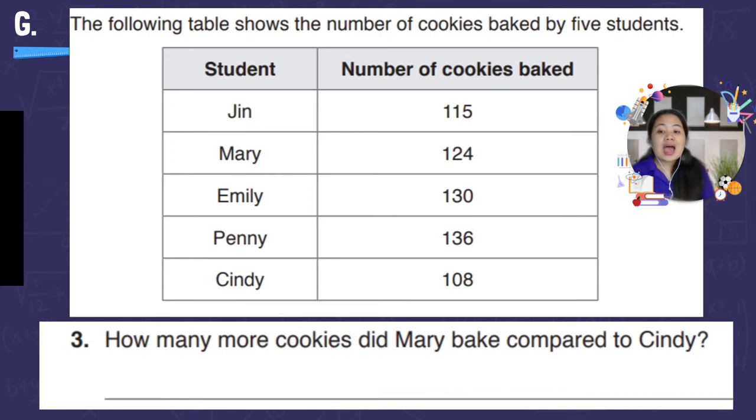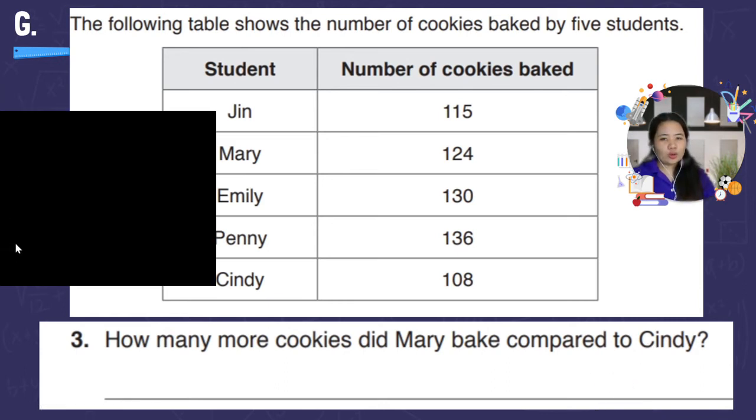Number 3, how many more cookies did Mary bake compared to Cindy? So I always say to you that if you are asked how much more or how many more, you have to subtract, meaning minus. Okay, so Mary and Cindy.